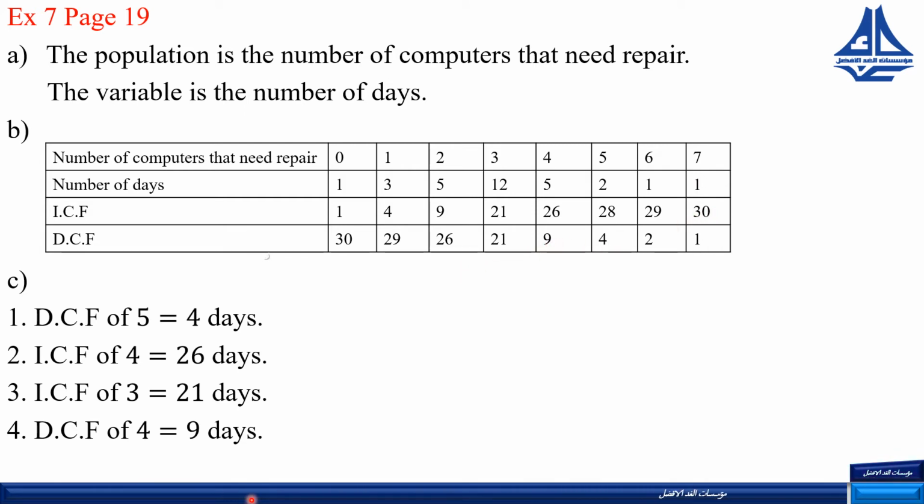Now, how to find the decreasing cumulative frequency? The first number in the decreasing cumulative frequency is the same as the total, which is 30. Now 30 minus 1, this is the frequency.